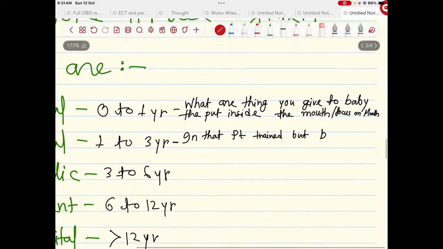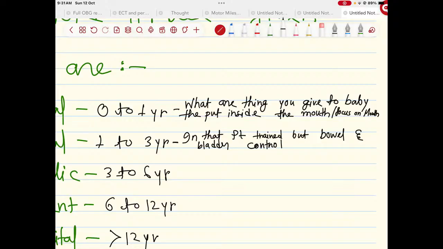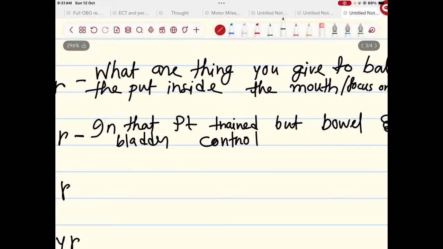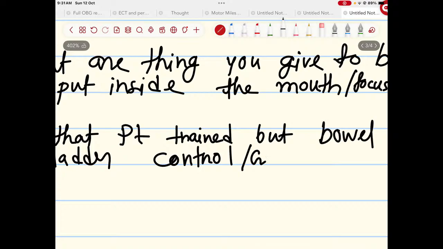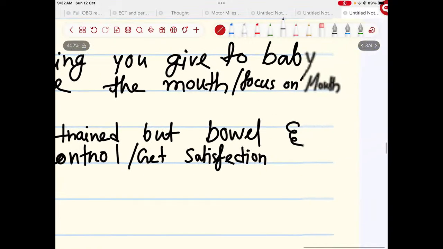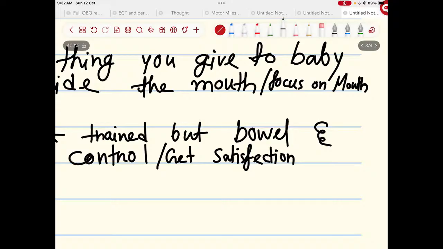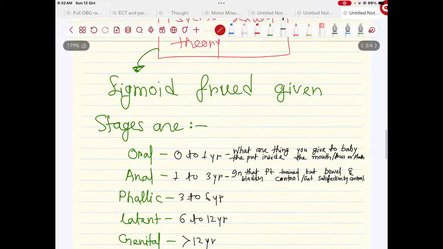So the focus is on the anal area, and they get satisfaction by controlling. Okay. So they get satisfaction by controlling what? The bladder and the bowel.